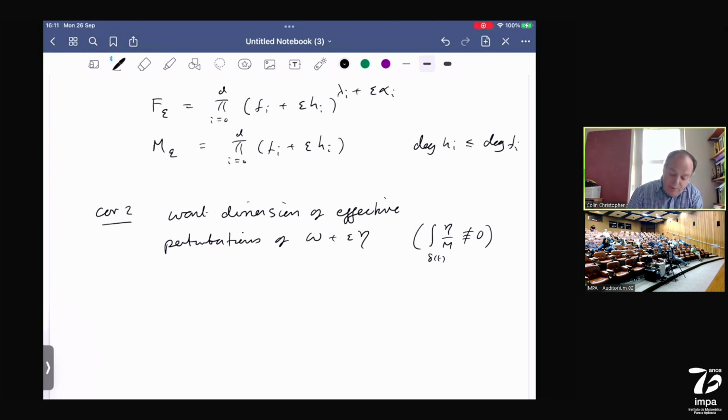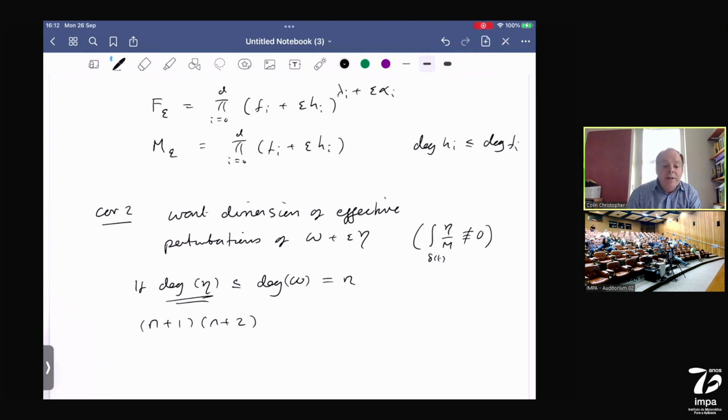So what is it likely to be? Well, if the degree of eta is less than or equal to the degree of omega, let's say that's n, then we've got n plus 1 times n plus 2 parameters which can characterize eta.